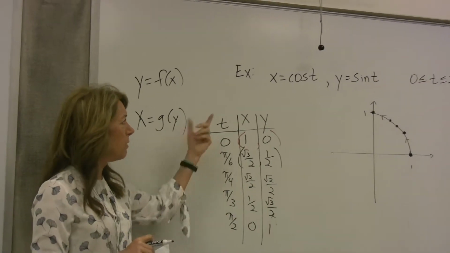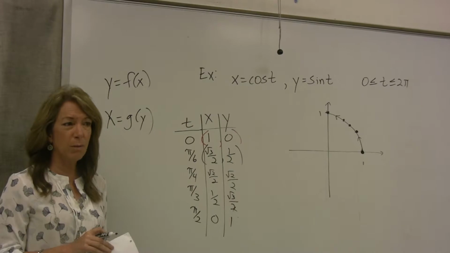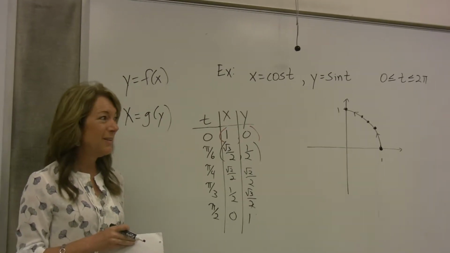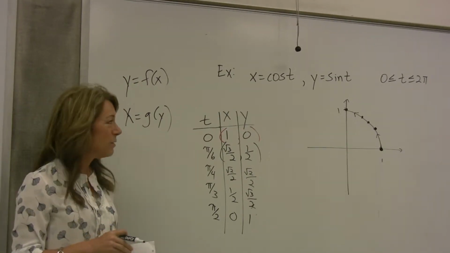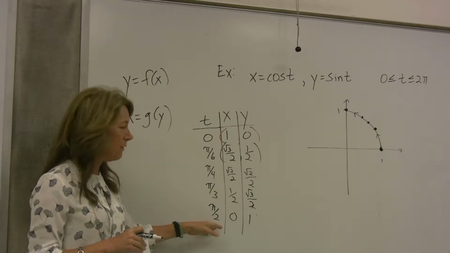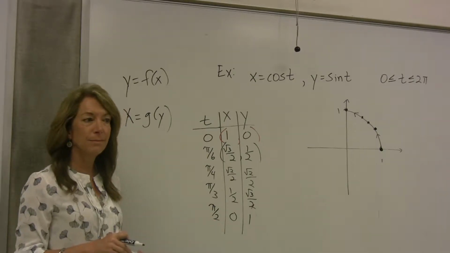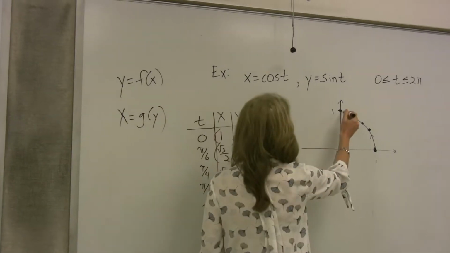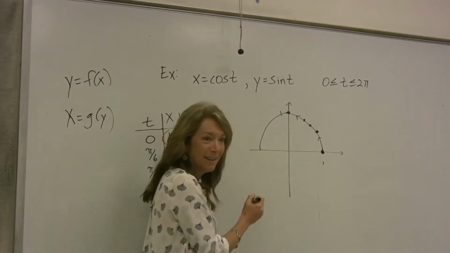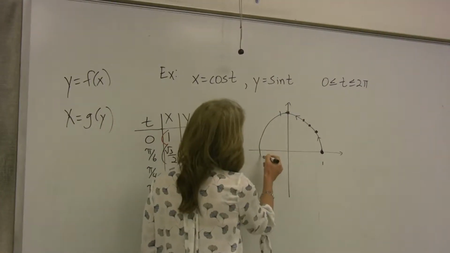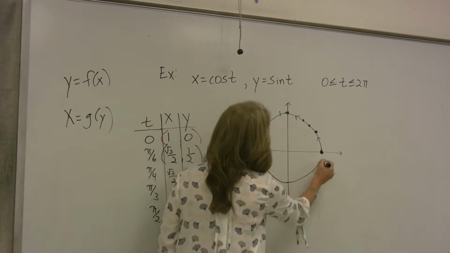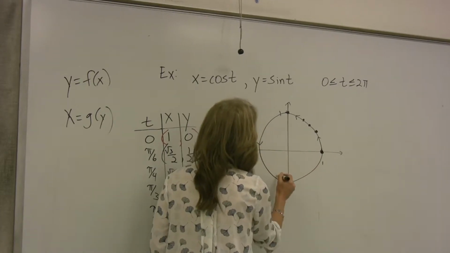Partly because if you think about sines and cosines, they go with what's called the unit circle, where the radius is 1. So what do you think would happen if I went from pi over 2 to pi? Yeah, I would probably get this other part right here. And then from pi to 3 pi over 2, I would get this, and then I'd end up back over here. You could plot more points if you would like.